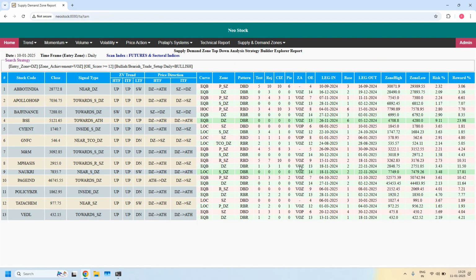Now let's filter. We got 13 stocks. See, all these 13 stocks are supporting a bullish trade setup for monthly income trade. Check whether any of these demand zones are pierced demand zones. See, this is a pierced GNFC. Still it is supporting a bullish trade setup.